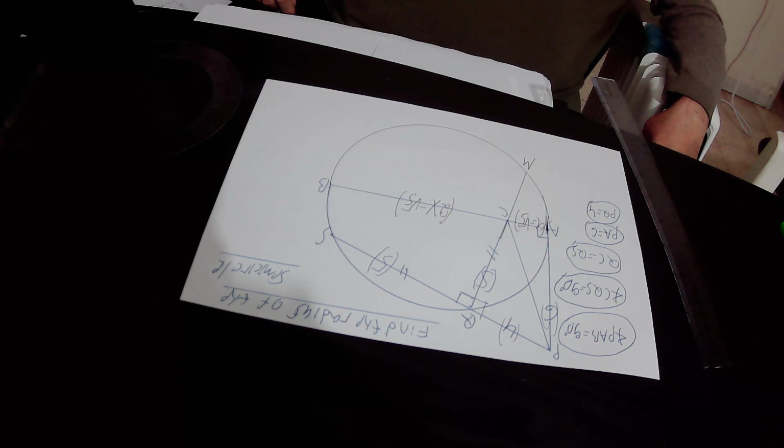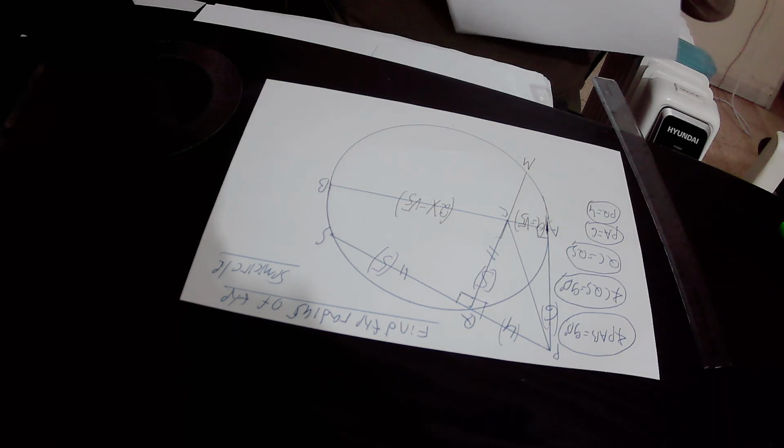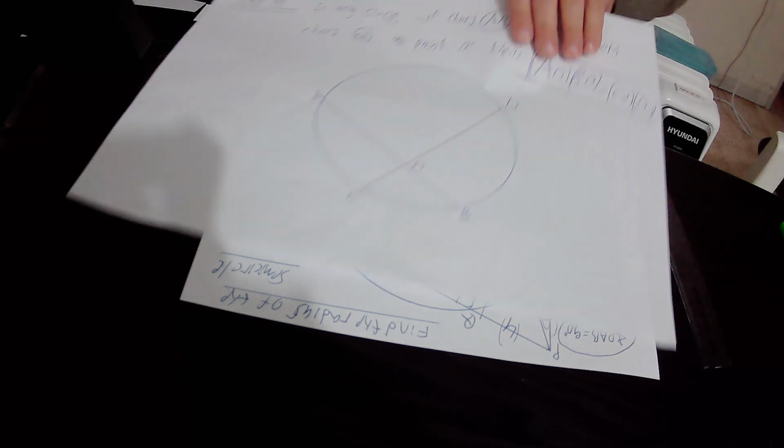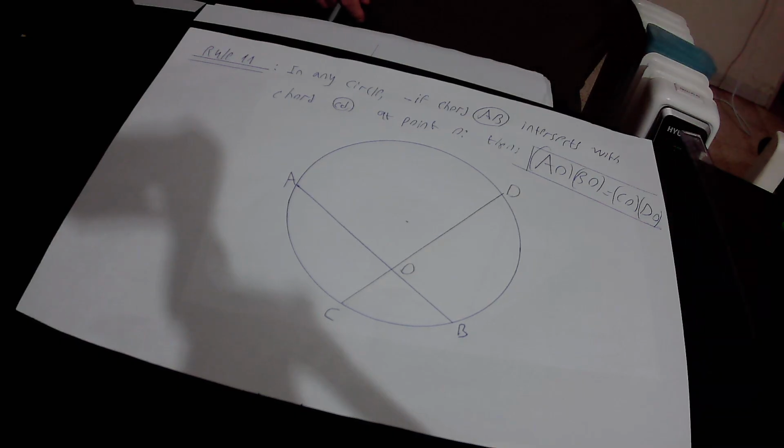In the next step, I will present to you a new rule, and we will implement the new rule in our drawing. The new rule is rule number 11. The rule talks about two chords that intersect with each other inside the circle.